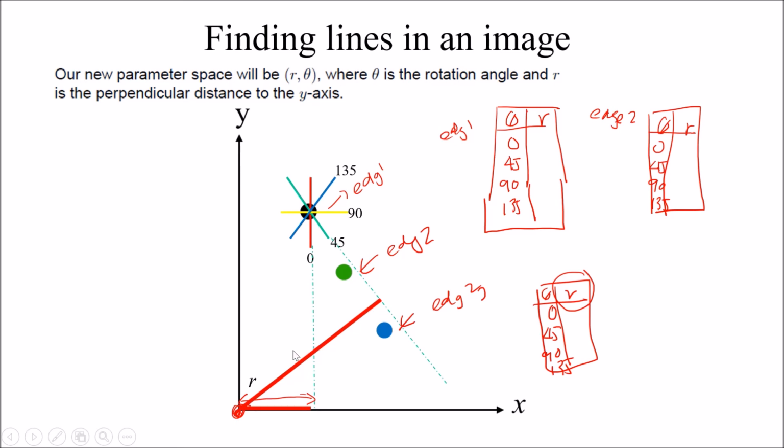So this is the magnitude of r for 45, and then for 90 and 135, the same thing.